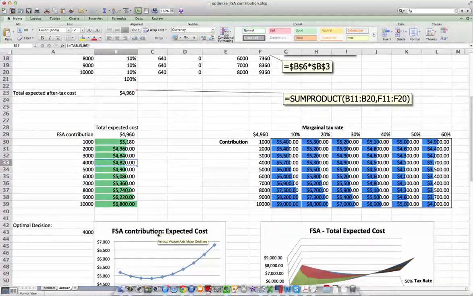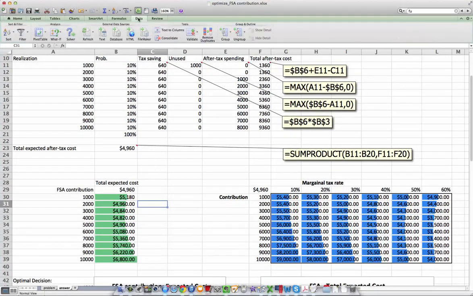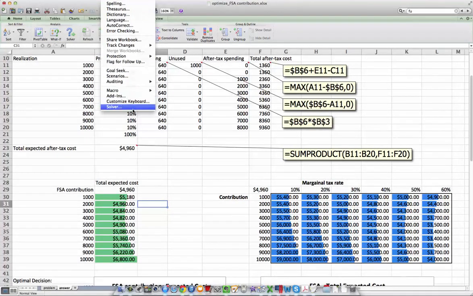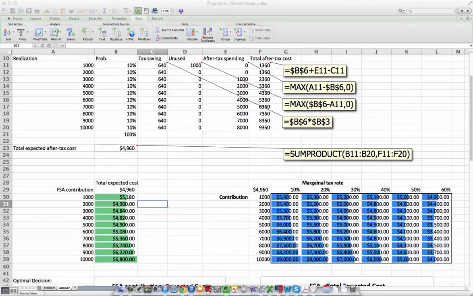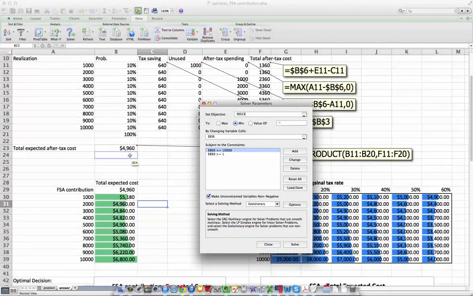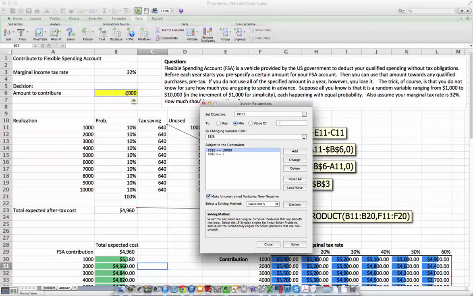Okay, now there's a second way which takes a little bit more time, and it uses Solver. If you go to Data, Solver, go to Tools here, and we could set the objective to be the total expected cost to minimize it by changing our decision variable up on top, which is B6.